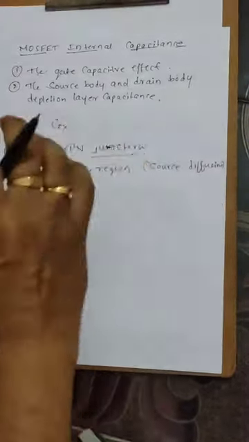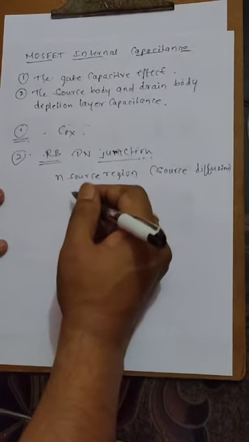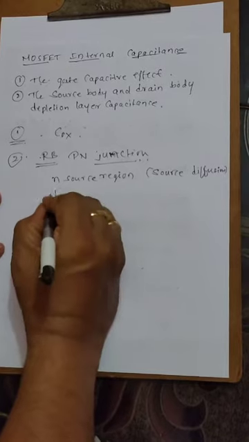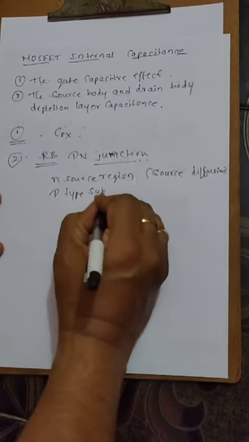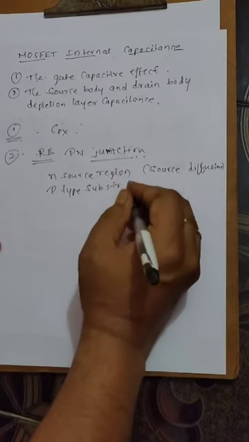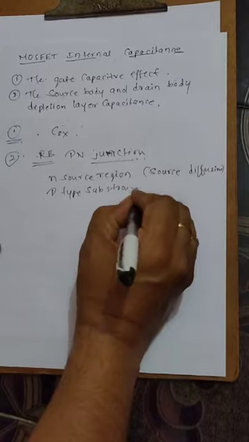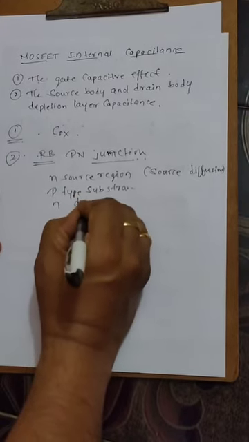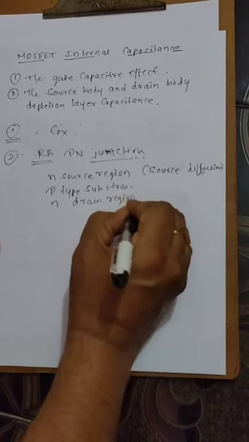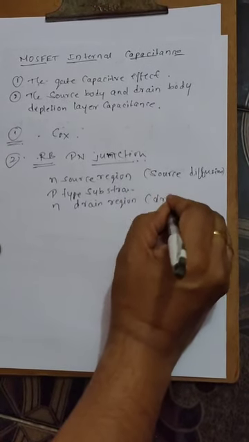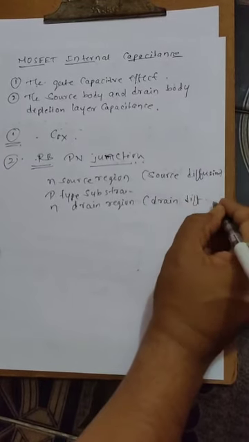I hope you know the MOSFET behavior. The junction is formed between the N source diffusion and the P type substrate, and by the N drain region, that is the drain diffusion, and the substrate.